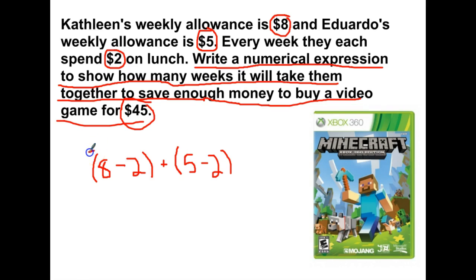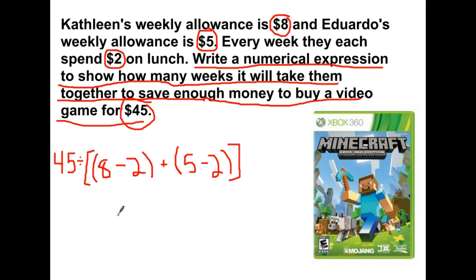I'm going to want to figure out how much money they make a week first. So I'm going to put this in brackets because I want these parentheses to be solved before I do anything else. Well, then what I'm going to have to do is figure out how much money they make every week, and I'm going to divide 45 by that number to figure out how many weeks it's going to take for them to come up with $45.